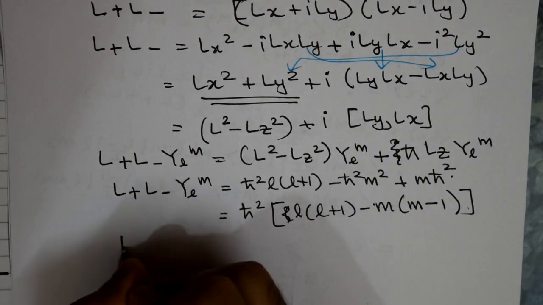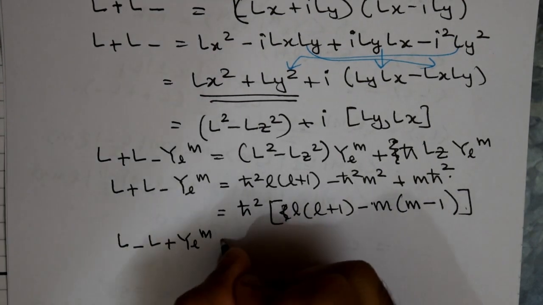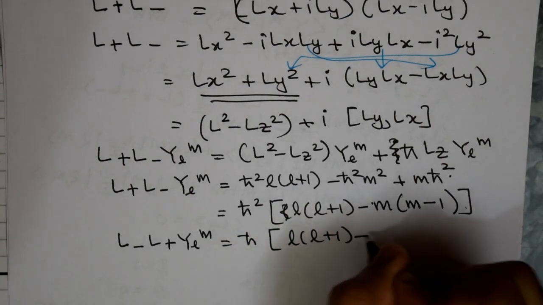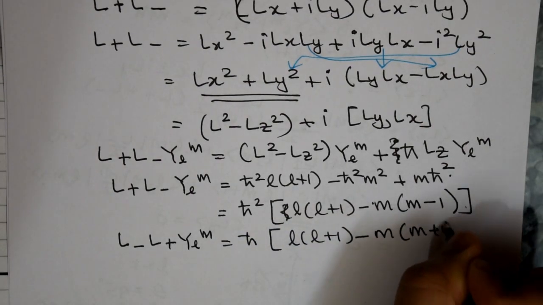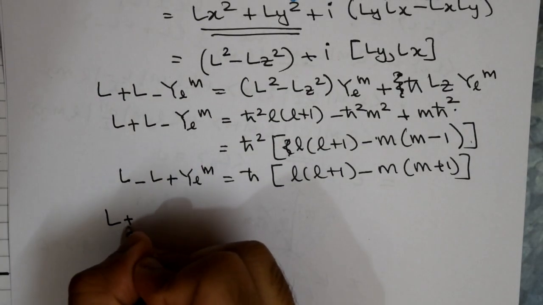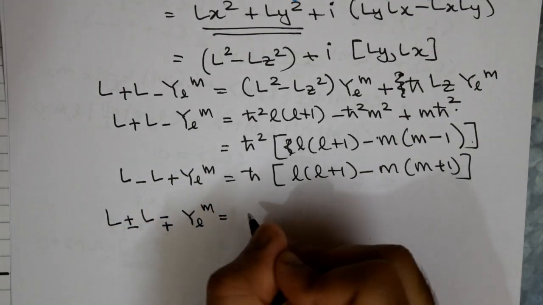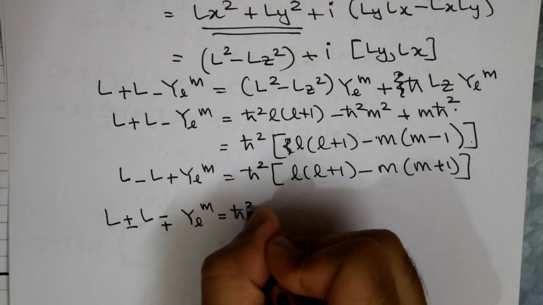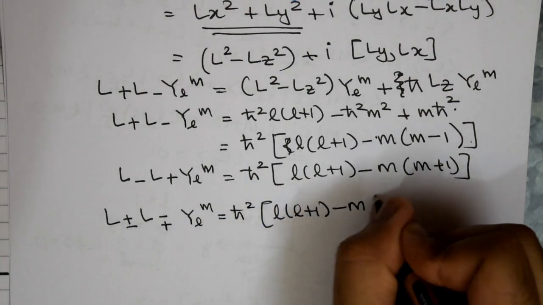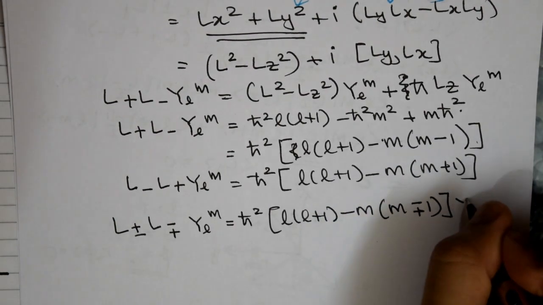L minus L plus on Ylm. We did L plus L minus on Ylm. That will be equal to h cross squared L into L plus 1 minus m into m plus 1. So basically this can be written as L plus minus L minus plus on Ylm gives you h cross squared L into L plus 1 minus m minus plus 1 Ylm.